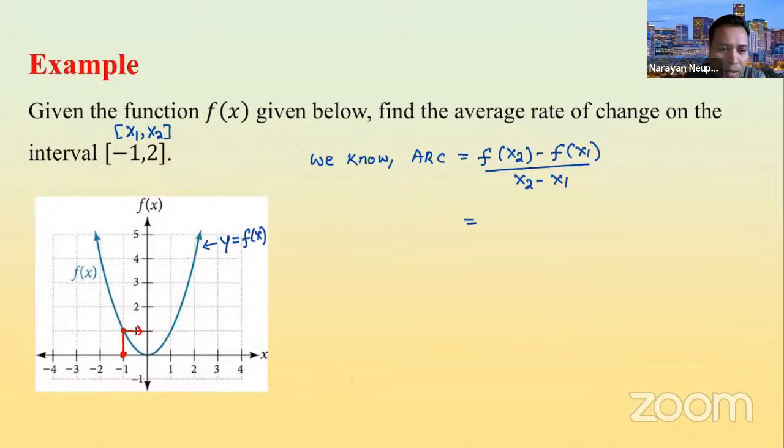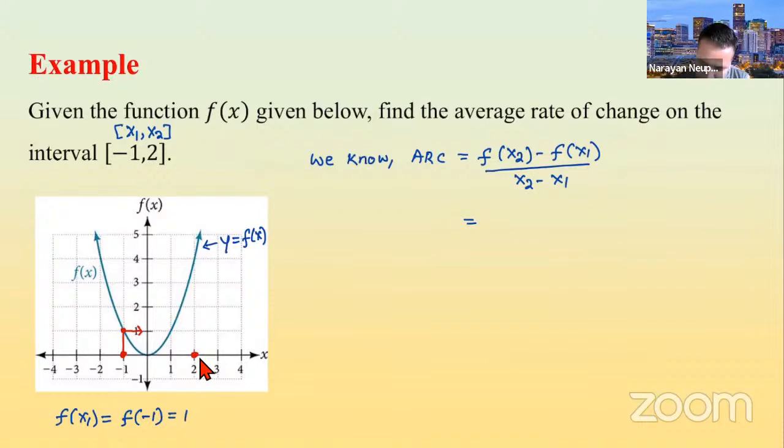Let me write somewhere here. F of x1 is f of -1, that is equal to 1. Similarly, let's find the value of the function at 2 on the other side. So 2 is here. Let me point out with the dot. This is 2.